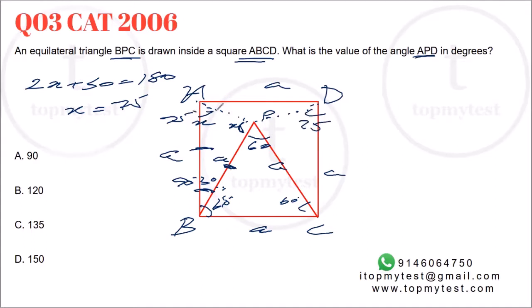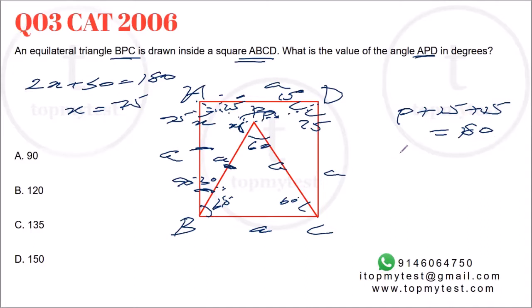Right. Now this angle is 90 degrees, which means this angle will be 15 degrees. By the same symmetry, this angle will be 15 degrees. Now we know the two angles of the triangle APD. If you take this angle as P, in triangle APD, P plus 15 plus 15 equals 180.